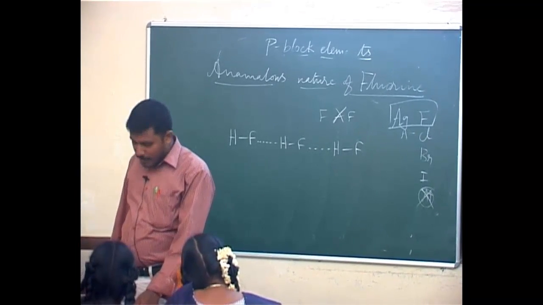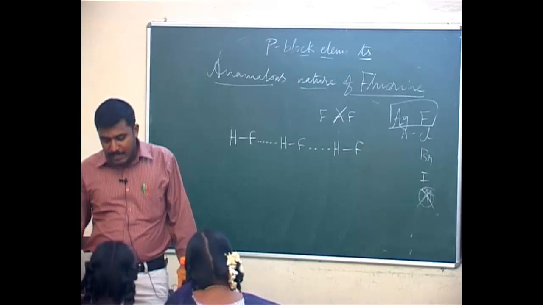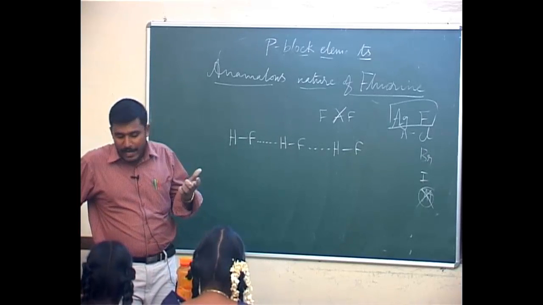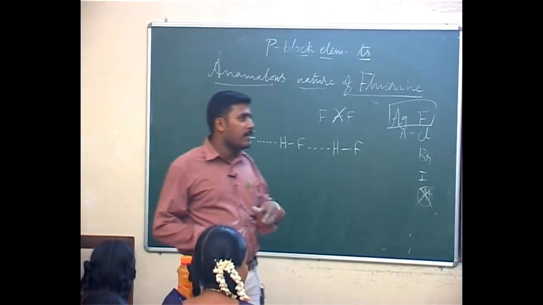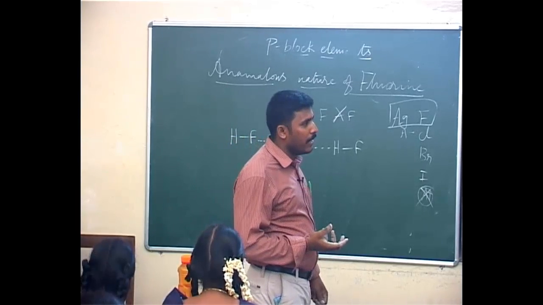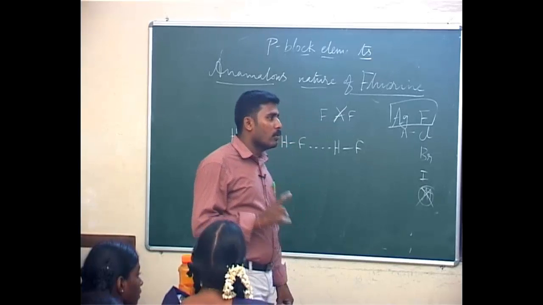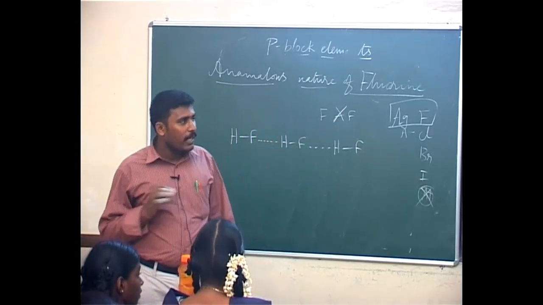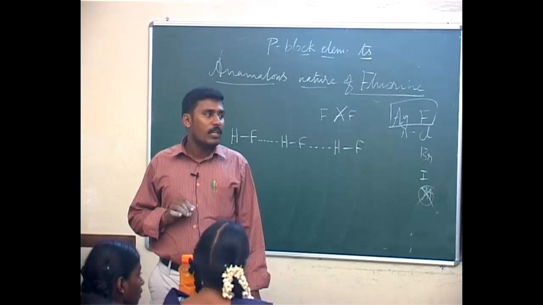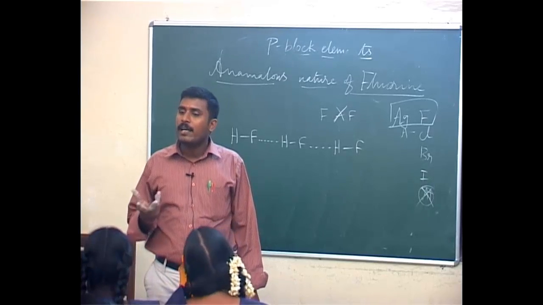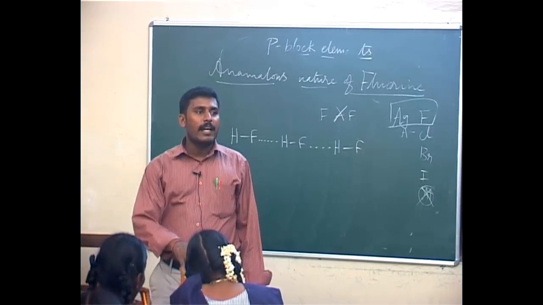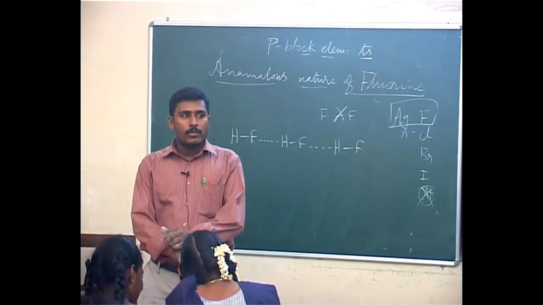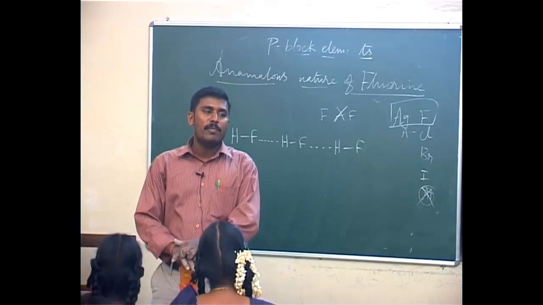Fluorine, because of the absence of d orbitals in its valence shell, does not form any polyhalides, but the others have I3 minus, Br3 minus and Cl3 minus. Fluorine alone has no polyhalides, because of the absence of d orbitals. Clear? These indicate the anomalous nature of fluorine. So fluorine is somewhat different from other halogens.